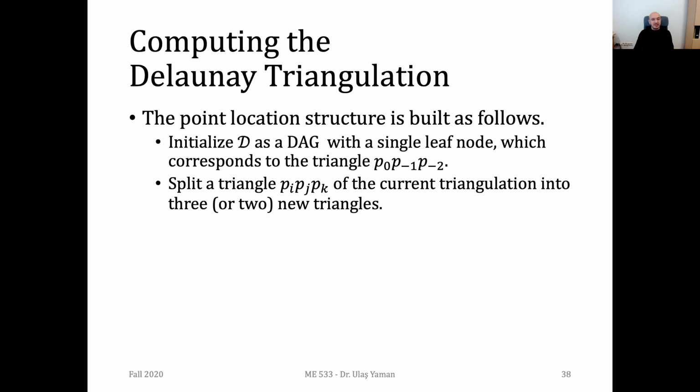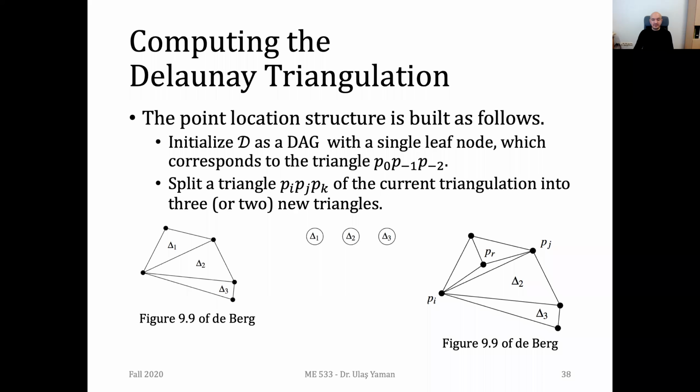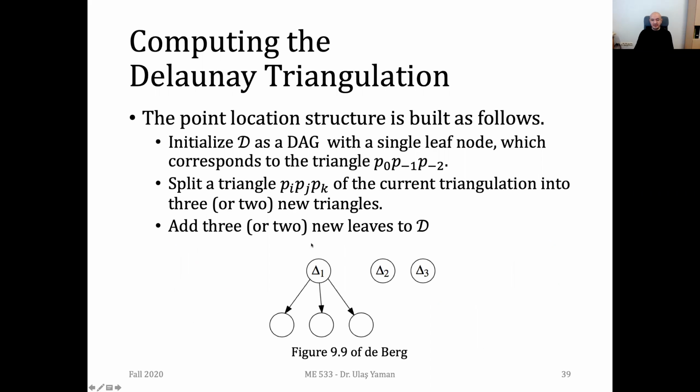Then what we do after having these 3 triangles, for instance, this is a totally different example. You have such a triangulation currently, and we have 3 triangles, delta 1, delta 2, and delta 3. Now we are adding a new point inside delta 1, right? You see this is our PR, and now we have new triangles generated. That means we are going to divide delta 1 and give it children.